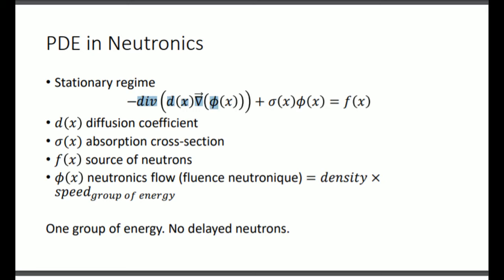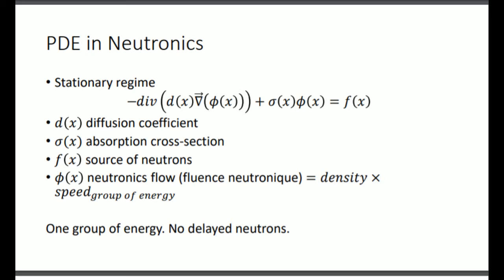We take the divergence of this variable because we will integrate it in a certain domain, plus a term that is linearly dependent on sigma times phi, and a source term.